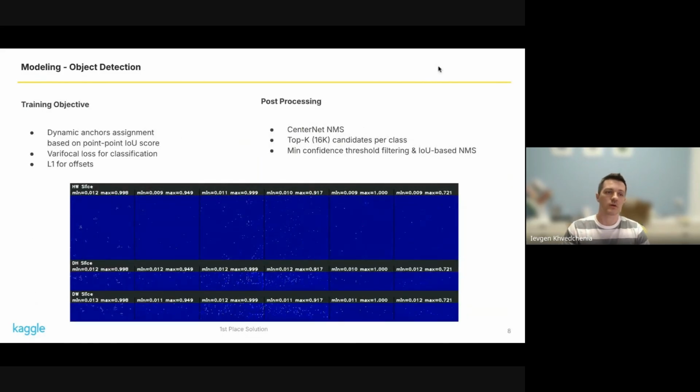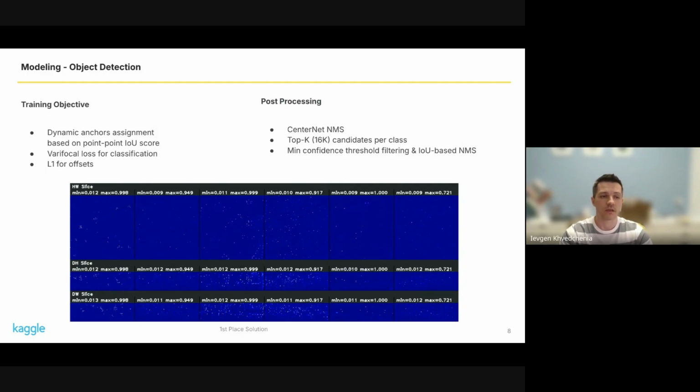So to train the object detection model, I repurposed the YOLO approach, and the loss function itself is quite novel. The idea is that we drop the notion of bounding boxes, and we use the point, the center of the particle, as our target. For the distance metric, we use the OKS score from the pose estimation task, which is just the negative exponent of the squared distance between the ground truth point and the predicted point.